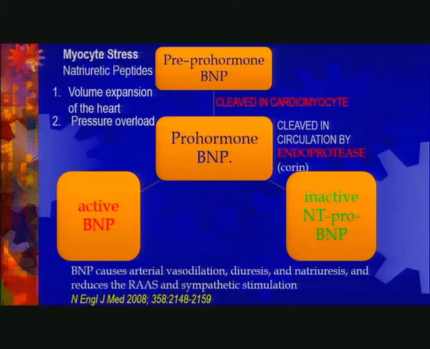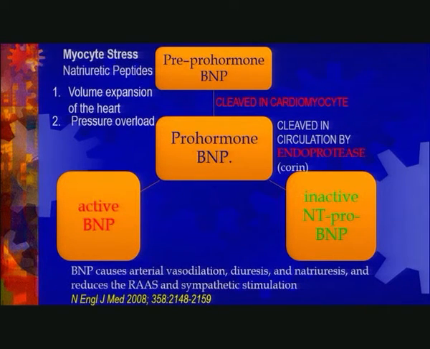This stimulus or signal will lead to transcription of pre-pro-hormone BNP. It will be cleaved inside the ventricular cardiomyocyte into pro-hormone BNP. In this situation of volume expansion and pressure overload, meaning ventricular dilatation, increased intraventricular pressure, and more residual volume inside the ventricle, pro-hormone BNP will be secreted into the circulation.